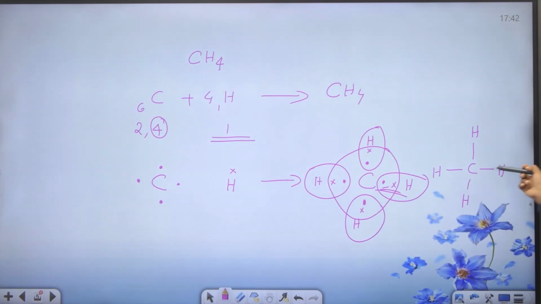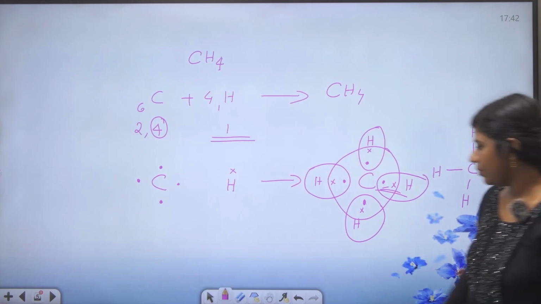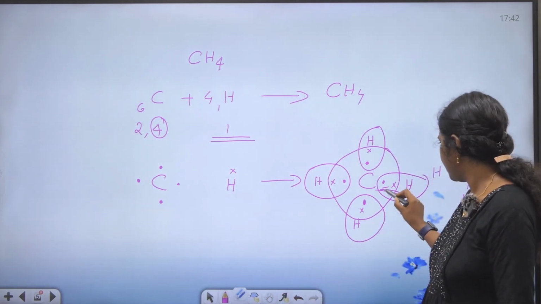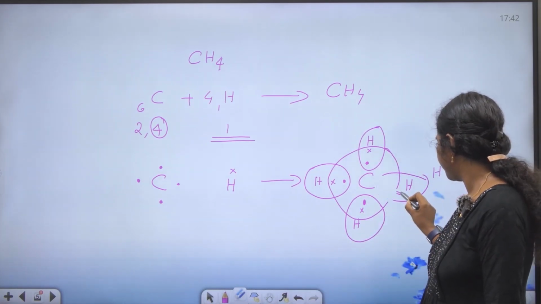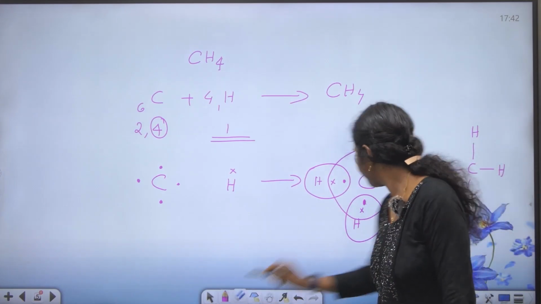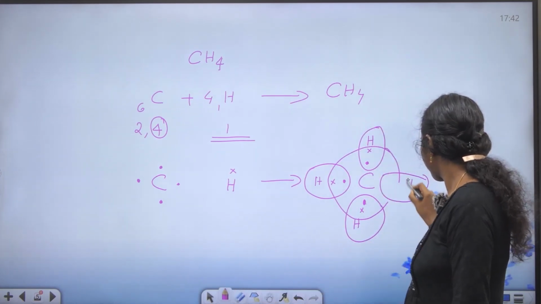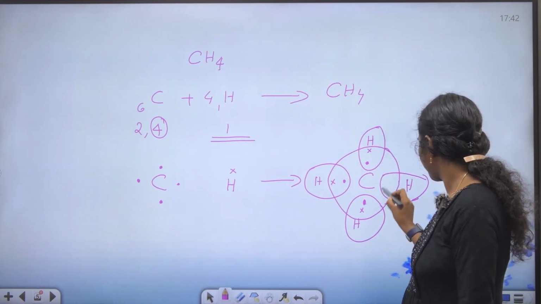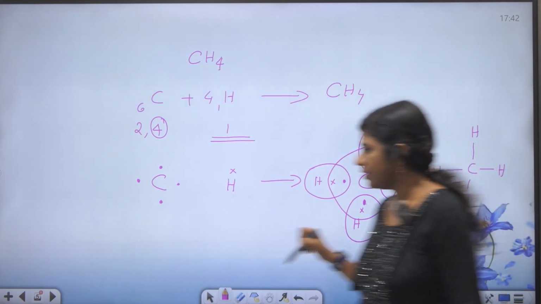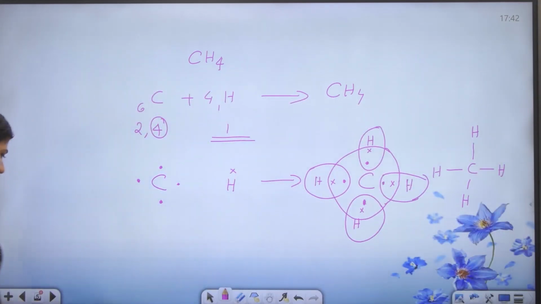This is the structure of the methane molecule. Okay, is it clear?